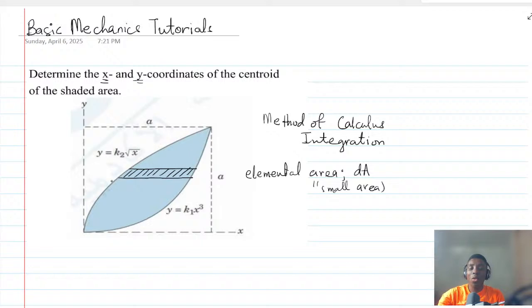So consider the whole of this as a complete area, and then you are taking just a small portion of that area to do the analysis on. Now that you have taken the elemental strip, this is what you are going to do. You are going to say that this area is similar to a rectangle, and this rectangle has a height.